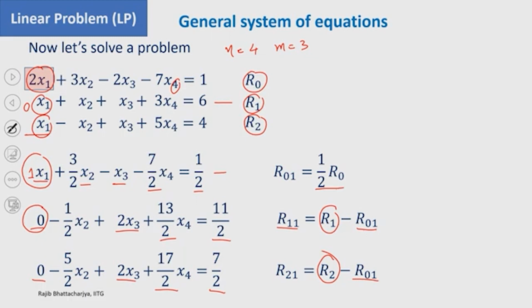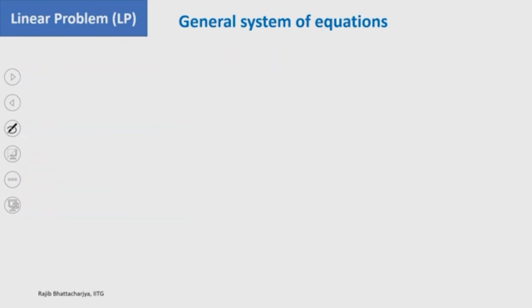Now I can repeat this process. What will I do now? I will take the x 2 variable. I would like to make the coefficient of x 2 in equation 2 as 1, and make it 0 for the other two equations. So, I take this x 2 variable now.